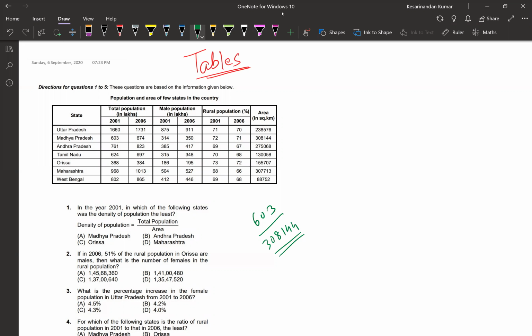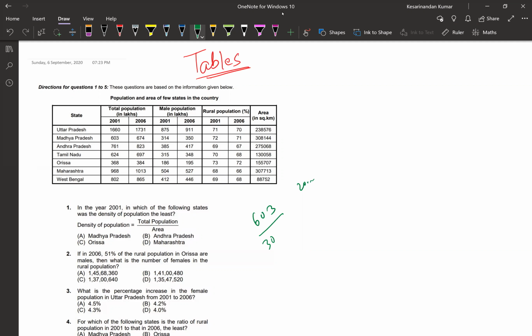No need, not required. Now start dividing. How much will be the number for Madhya Pradesh? Roughly 20? Slightly greater than 20. Yeah, 20 point something.